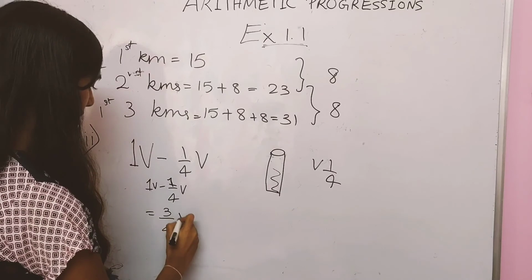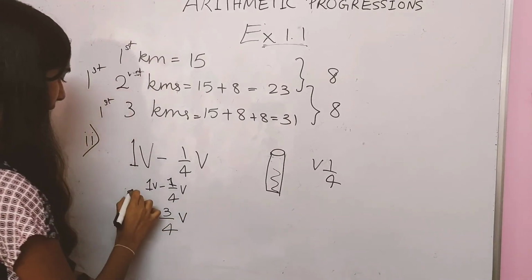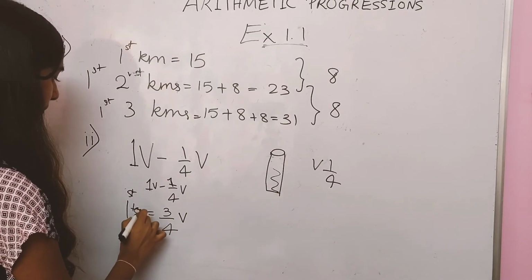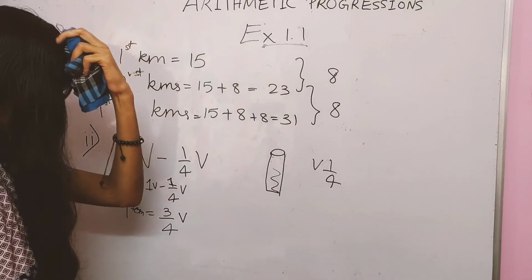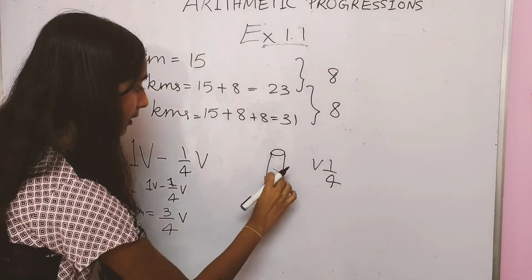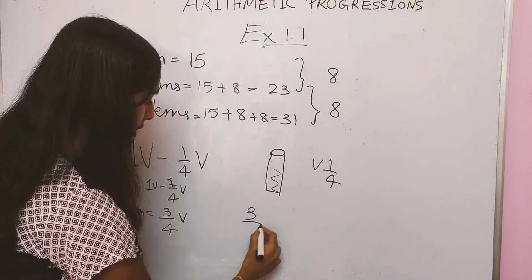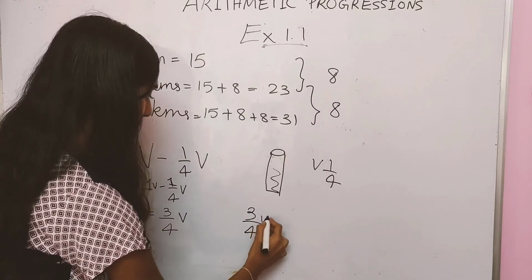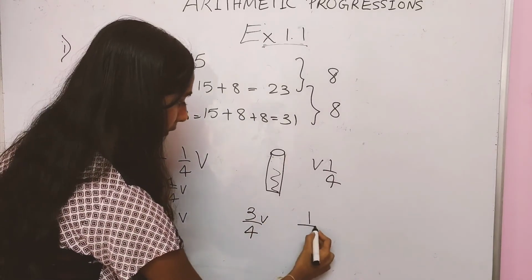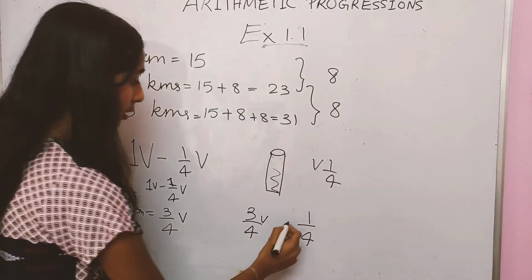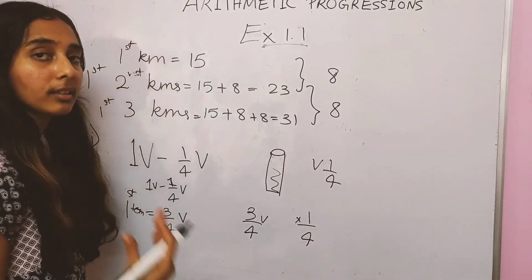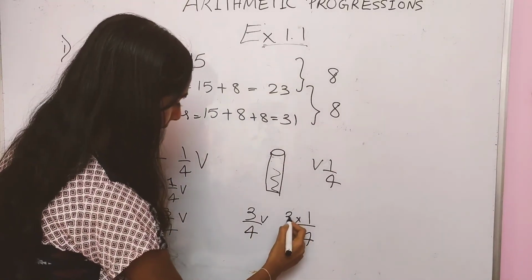This is the first term. 3/4 is the first term. And next, after 3/4, again we are removing 1/4 of what? Of the remaining container. What is the remaining container? 3/4.